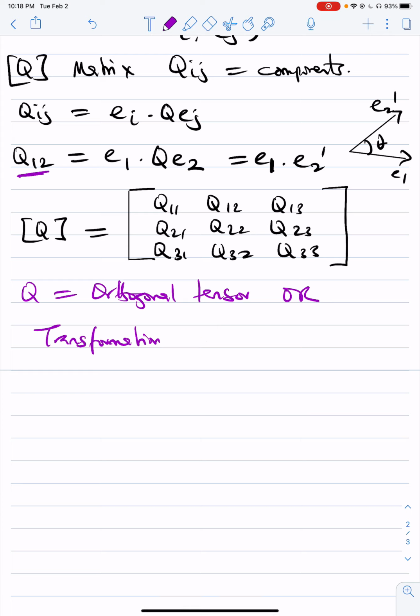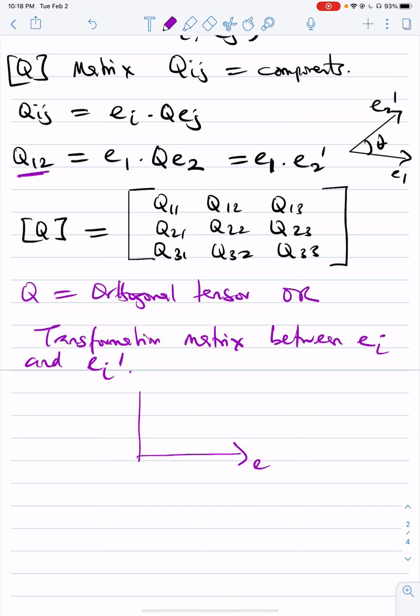Sorry, my handwriting is a bit poor. I'll write a bit more clearly. Transformation matrix. And this is the transformation matrix between Ei and Ei prime. I hope this makes sense, because if you notice what we've done, we've moved from this point: E1 has become E1 prime, and it can only move by the action of Q. What causes that is a transformation matrix.